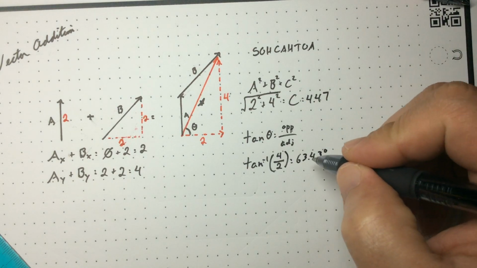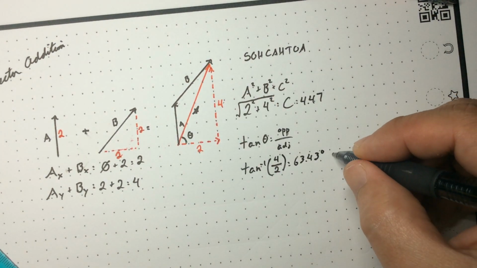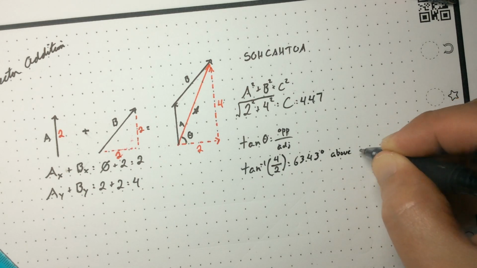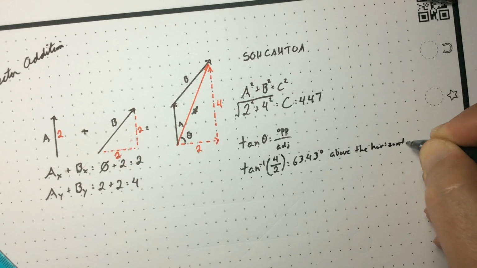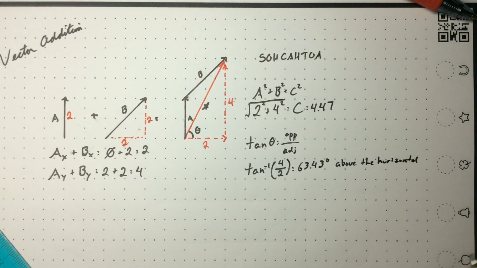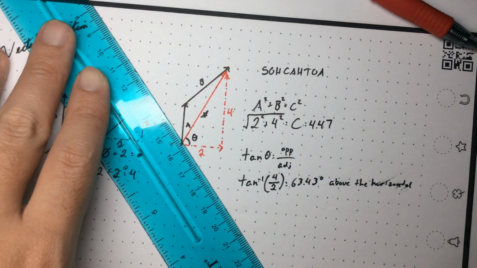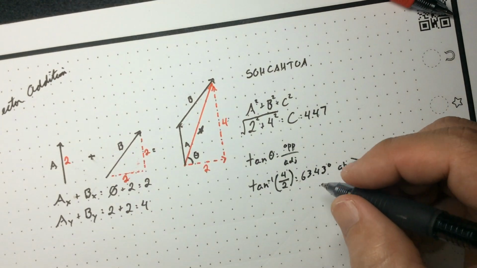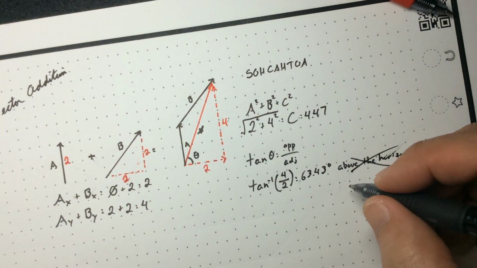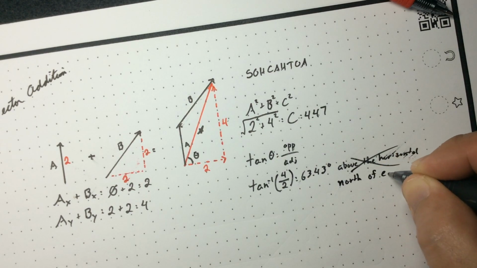We have 4.47 at 63.43 degrees, but we need to be a little bit more specific, so we could say above the horizontal. But that might not be specific enough, because above the horizontal could be 63.4 degrees the other side of the horizontal. So let's do even better. Let's say this is 63.43 degrees, and we're going to say north of east.